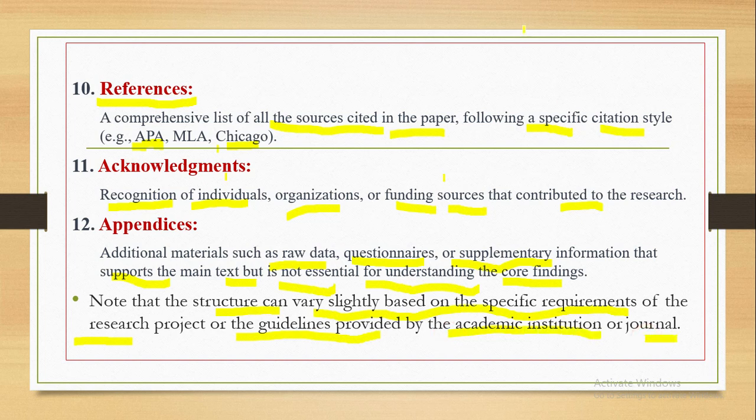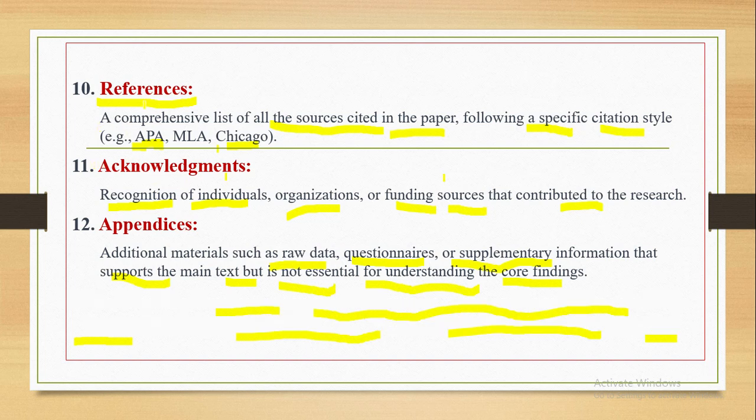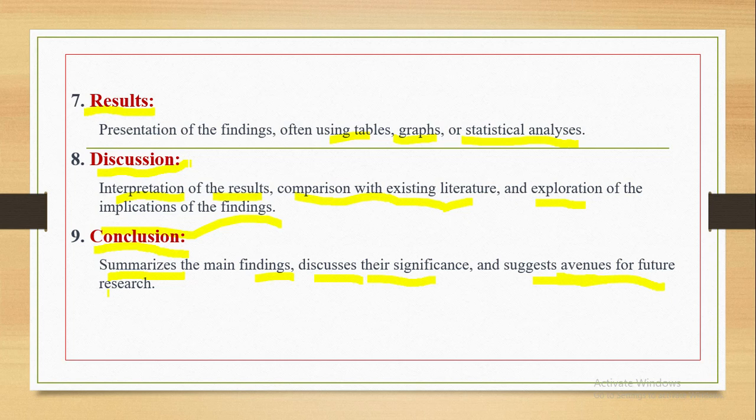So the basic contents of the research, or the research structure, have around 12 sections, like appendix, acknowledgement, reference, conclusion, discussion, results. The discussion is done in chapter 4, and conclusion and recommendations you can put in chapter 5, or maybe in chapter 6.